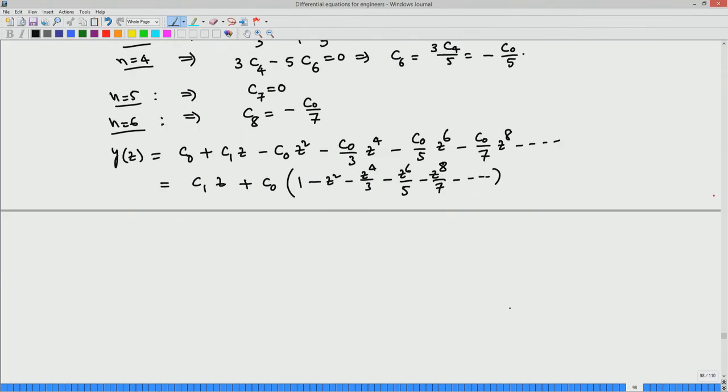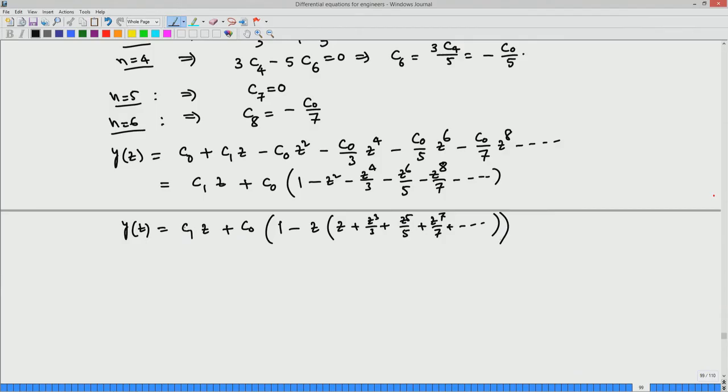If you rewrite, y of z is C1 z plus C0 times 1 minus z times z plus z cube by 3 plus z power 5 by 5 plus z power 7 by 7, and so on. So this is what you have.